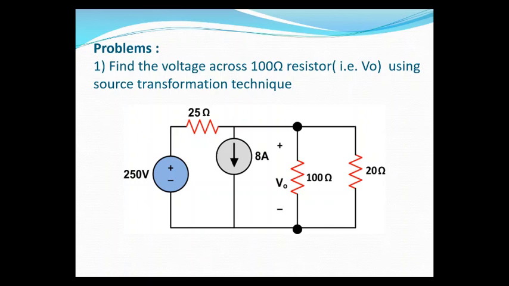Means 250 volts is in series with 25 ohms, the current flowing through this, and 160 volts in series with 20 ohms, the current flowing through this, and both the currents are flowing through this. So in this way we can solve this problem in two methods. One way is the voltage source is converted into a current source. Another way is the current source is converted into a voltage source. So do this as homework.